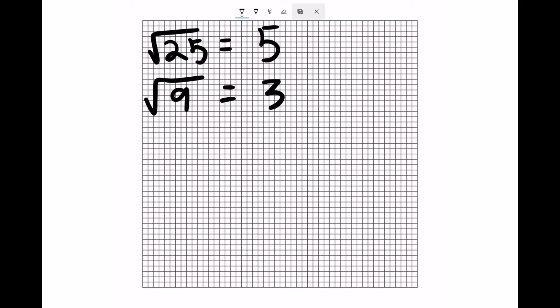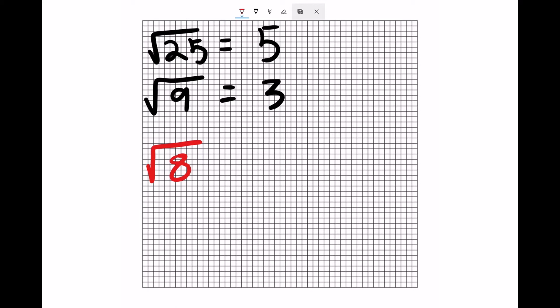Notice we are looking at what we call perfect squares. That means that the root is a whole number, it is an integer. What happens though if you are looking for the square root of a number that is not a perfect square?